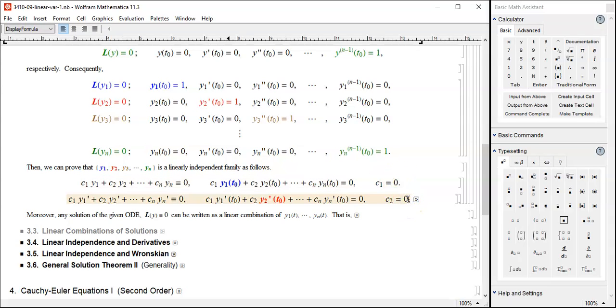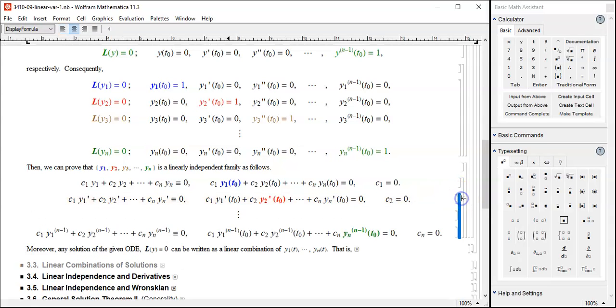What do you do next? Take the derivative again, and then again. Repeat it until you get to the last entry there. If you get to the last entry, what are you having? It's the same deal. We have a linear combination of the derivatives. On the right-hand side, we have constantly equal to 0. And then here, what do you have? All these are zeros because you're looking at the last column here.